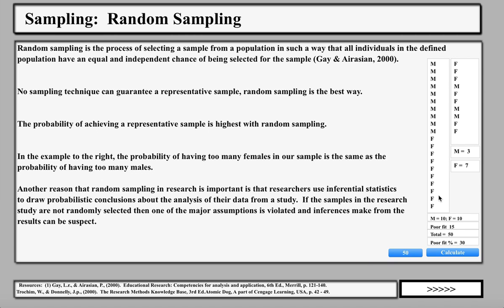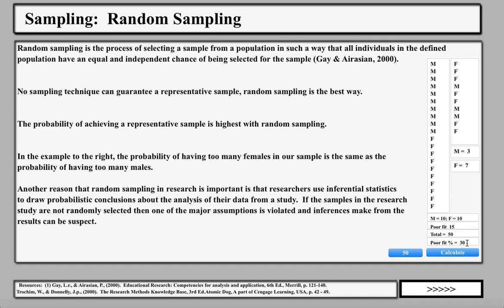Okay, so 50 times it randomly selected 10 males or females from this list of 20. And here, 15 times it was a poor fit out of the 50. So 30% of the time was a poor fit. So 70% of the time it was a good fit.